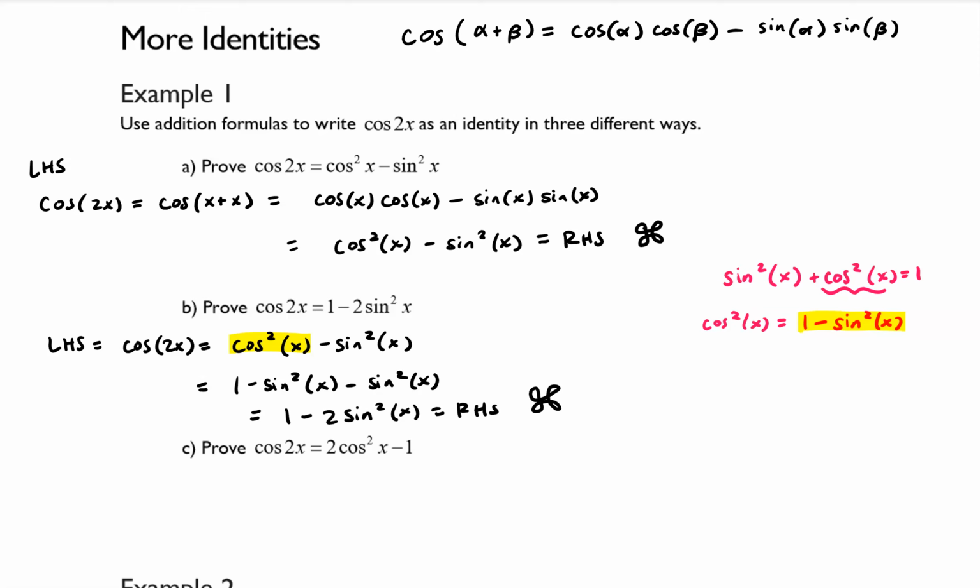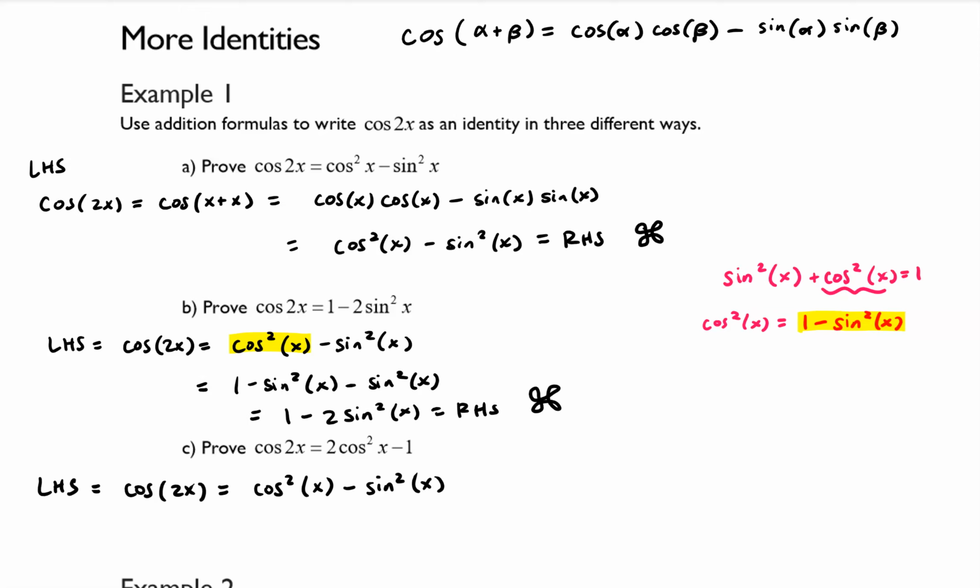And then part C wants us to prove that cosine of 2x is equal to 2 times cosine squared x minus 1. So I'm going to start off with the left-hand side. And I know that cosine of 2x, again, based on part A, is equal to cosine squared x minus sine squared x. And this time, we are trying to get it so that it only contains cosine.